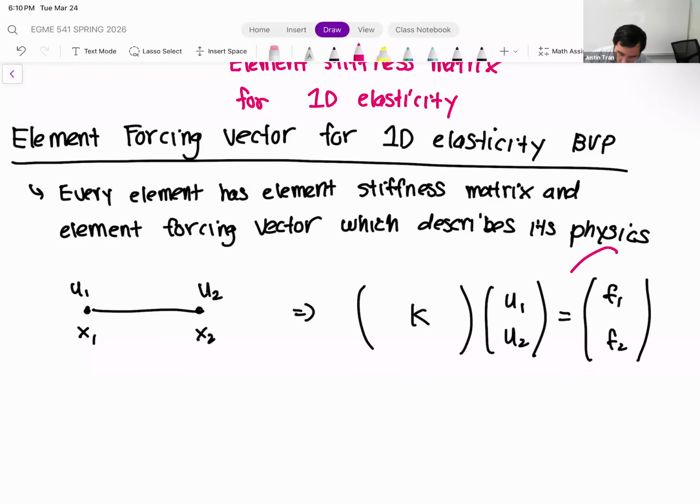Where f1, f2, like I said, we've usually neglected this, but it is present for every element here. Now, this element forcing vector is basically going to tell us the effect of any external effects on our element.